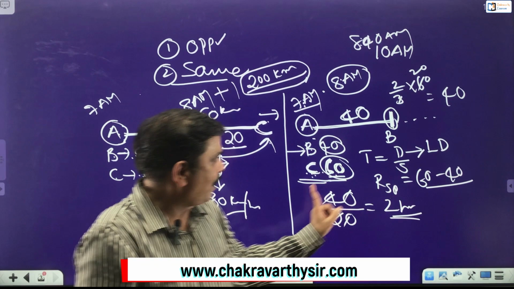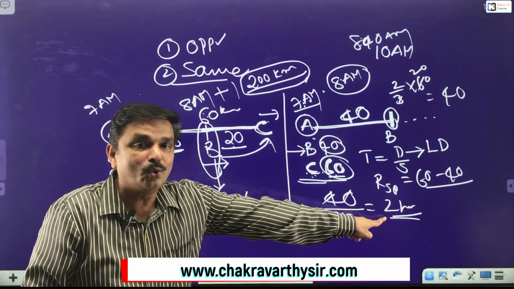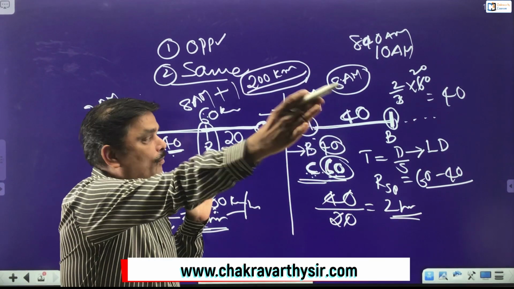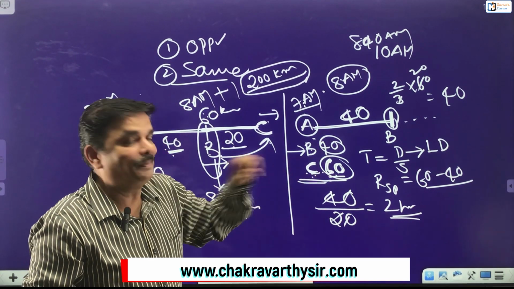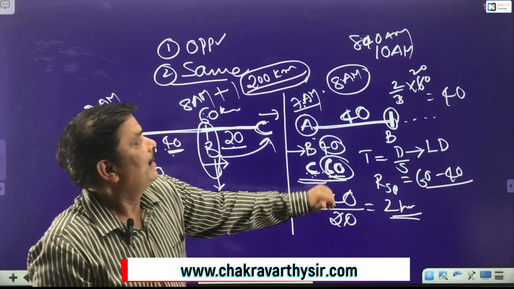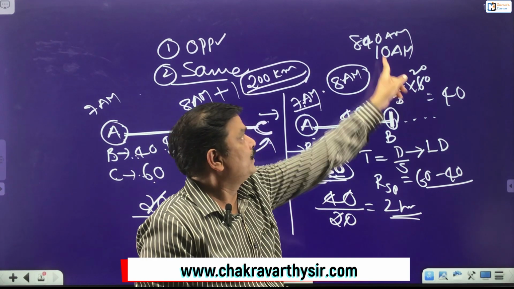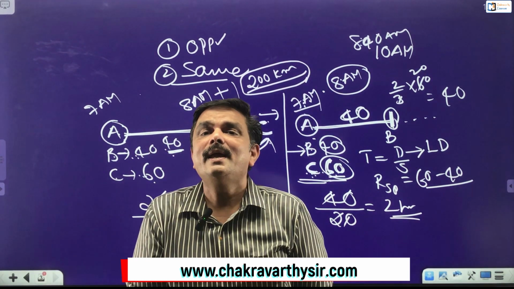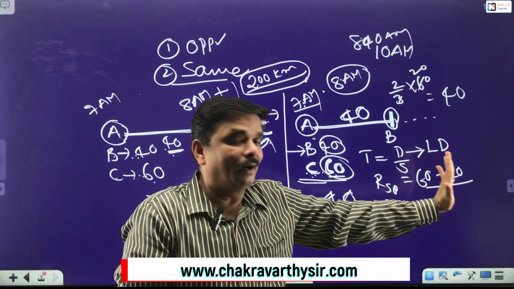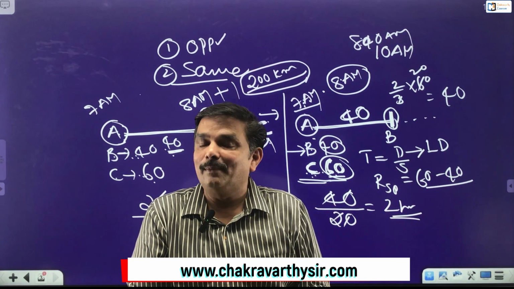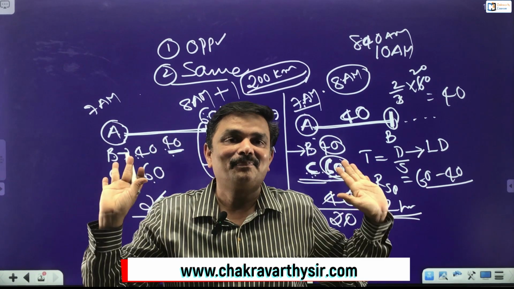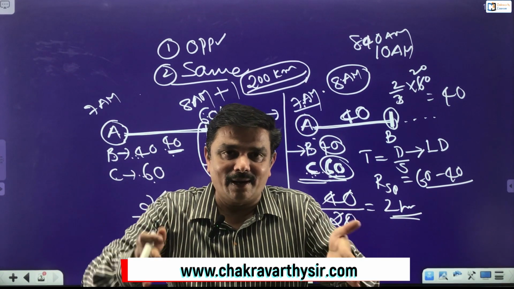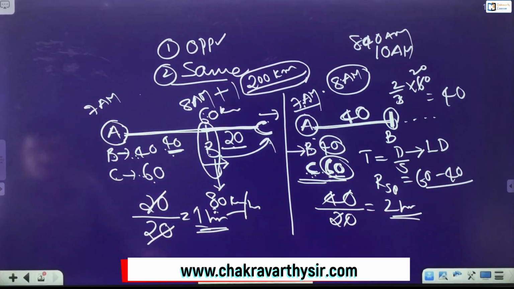In this case, the car is going to catch the bus in 2 hours when both are in movement. The bus started 1 hour before the car with these speeds. Then if the bus is at the stationary position, the answer was 8:40 a.m. When both are moving, the answer was 10 a.m., 2 hours after the car starts off. Hope this is clear. Now, with this basic idea, you need to solve the question.